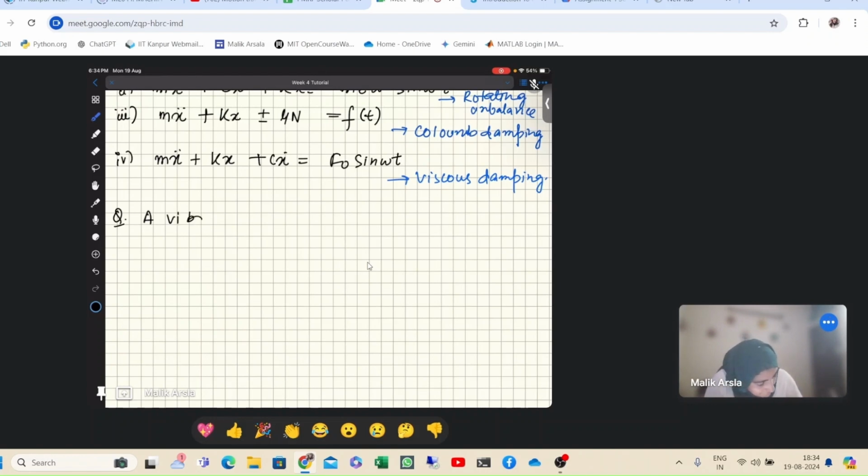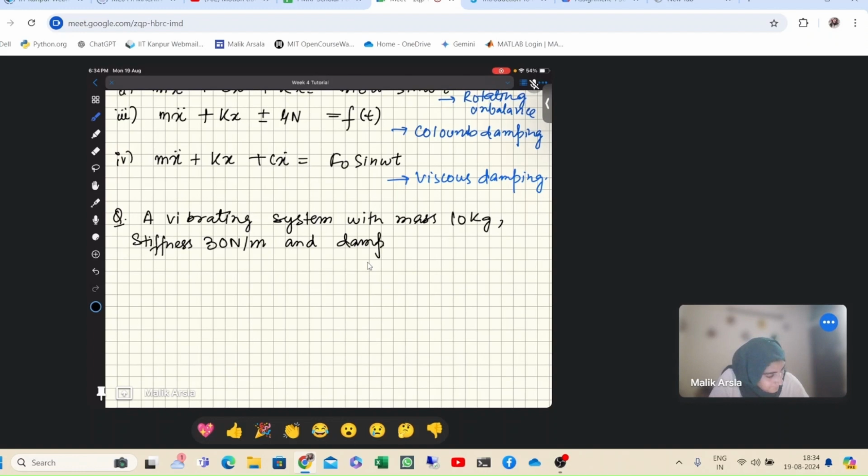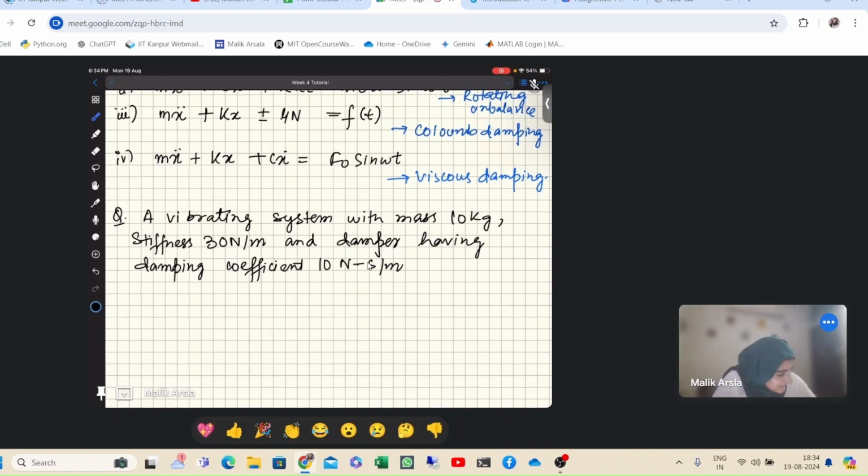A vibrating system with mass 10 kg and stiffness 30 Newton per meter and damper having damping coefficient 10 Newton second per meter is excited by a force of magnitude 50 sine 10t.